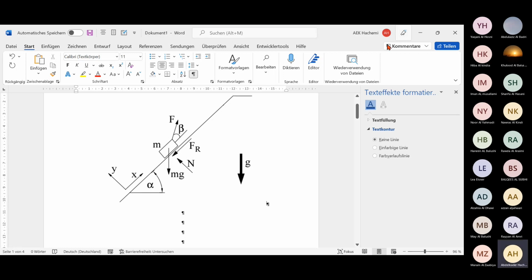This is our force, and here the covered distance. We integrate from 0 to L. For mg, it's clear, it's another case. And if we look at Fr, it will also be in the direction of x, but with a negative sign.